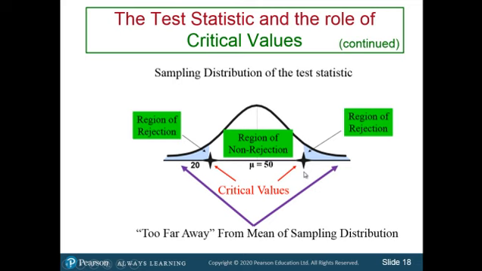So based on this critical value, we know when to reject and when to accept the null hypothesis. So that is the role of critical value. The critical value is considered the border between the rejection area and the non-rejection area.